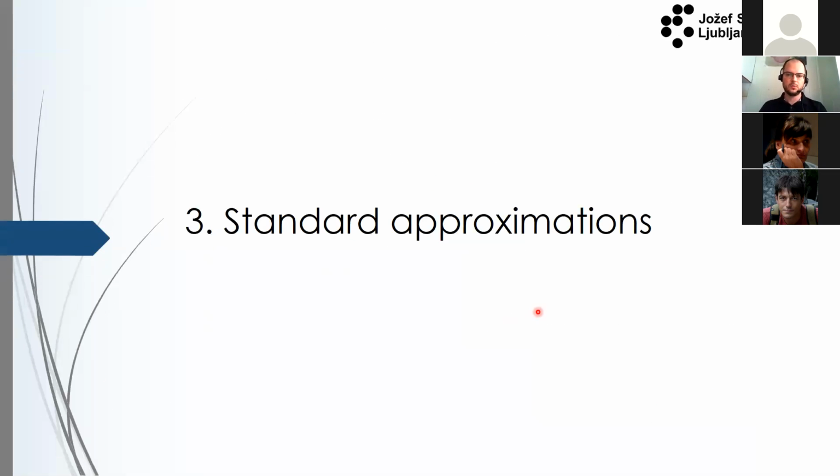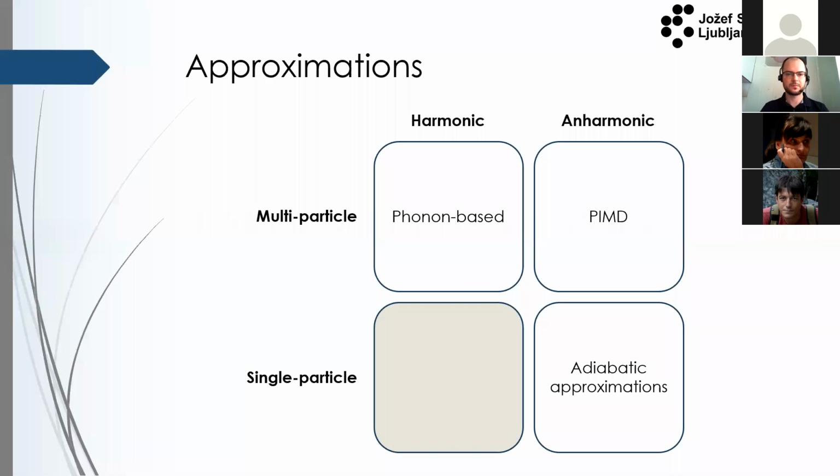So what are the standard approximations that people make when studying quantum muons? We can divide them along two axes. One is either they consider just some effective single particle potential, so something that depends only on the coordinates of a single particle. These are the so-called adiabatic approximations that can reconstruct the full potential, but just assuming that a single particle produces it.